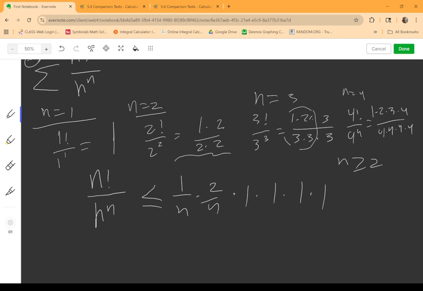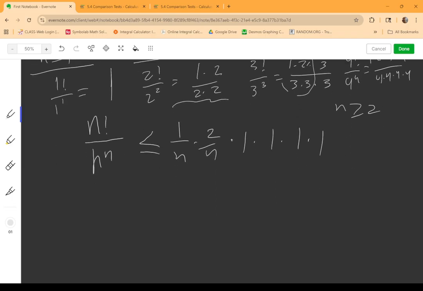The reason that works is because the last term is definitely 1, and these other ones are going to be less than 1, so they'll be less than setting them equal to 1. So what that allows me to do now is say n factorial over n to the n is less than or equal to 2 over n squared.